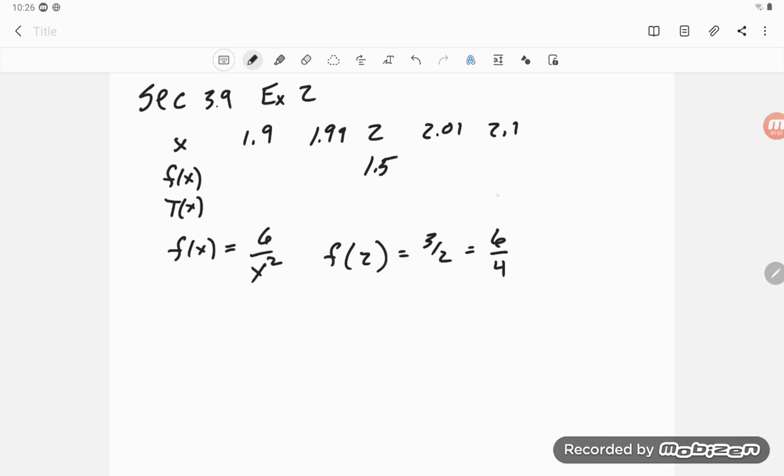And so the tangent line should also be 1.5, because for a tangent line, we just use a point slope form. f prime of x: f of x is 6x to the negative 2, so this becomes negative 12x to the negative 3.